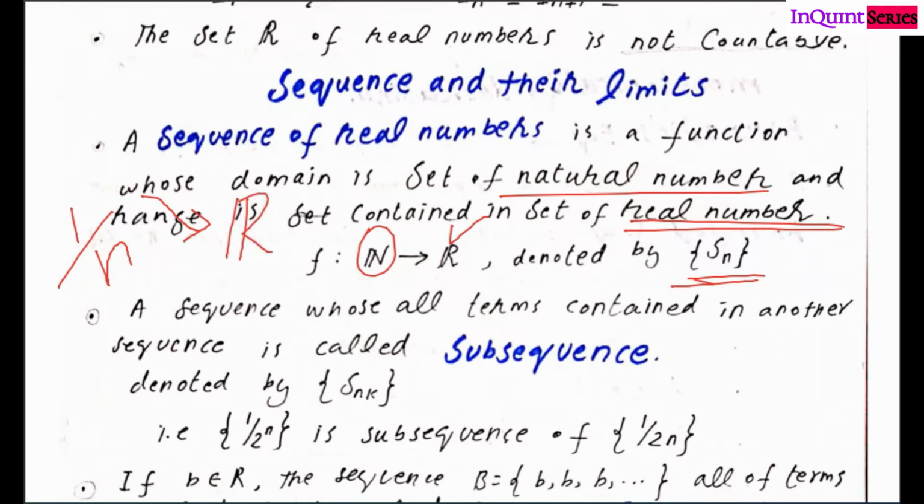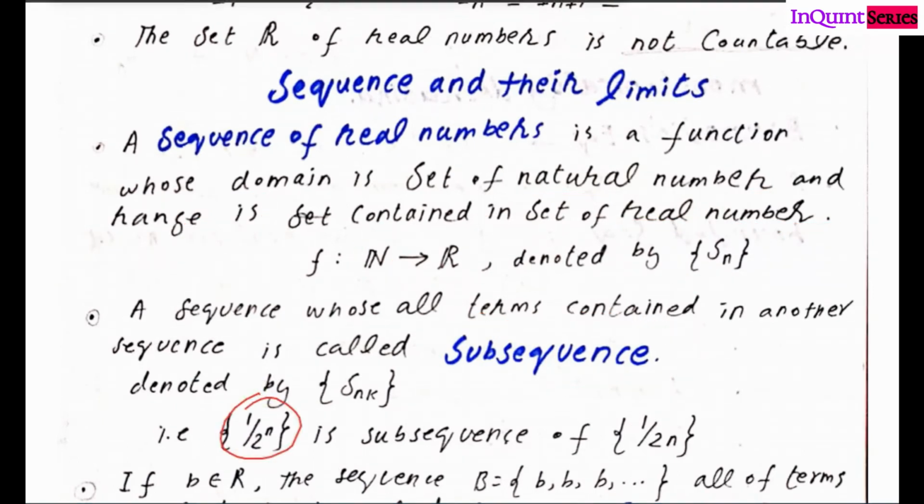So the terms of that sequence are real numbers. A sequence whose terms all are contained in another sequence is called a subsequence, and it is denoted by S_nk. For example, 1 over 2^n is a subsequence of 1 over 2n.